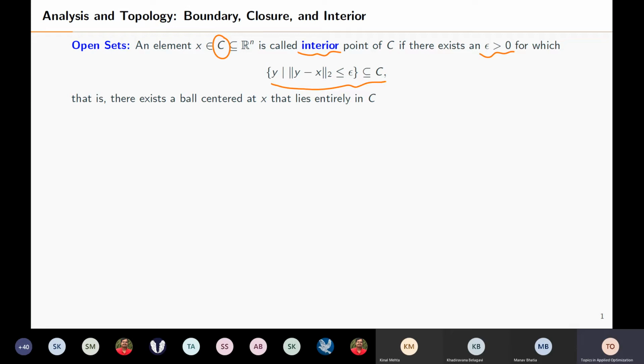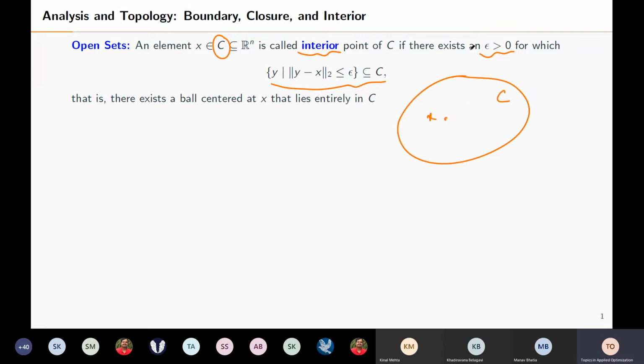So what does this relation tell you? An x is called an interior point if there exists an epsilon greater than 0 for which the set of all y such that the norm of y minus x is less than or equal to epsilon is in C.